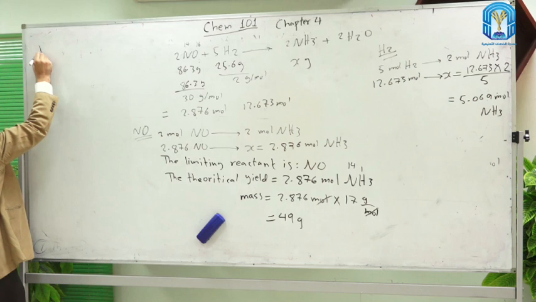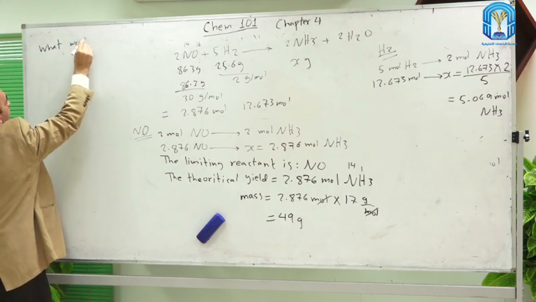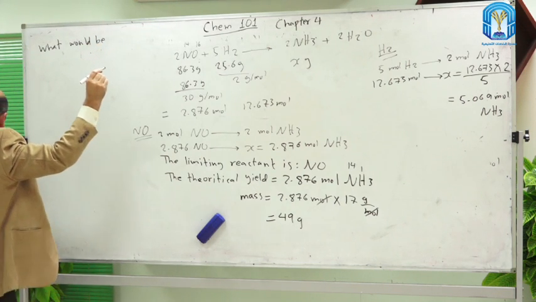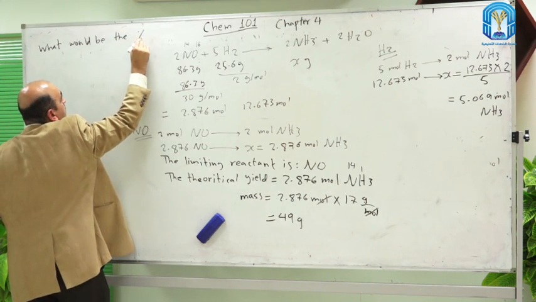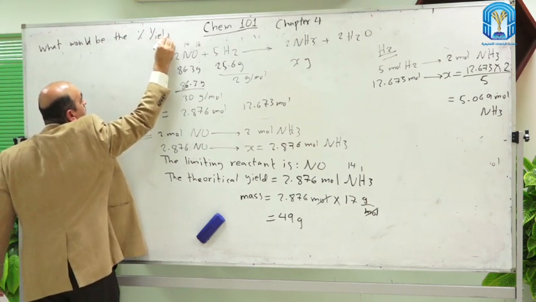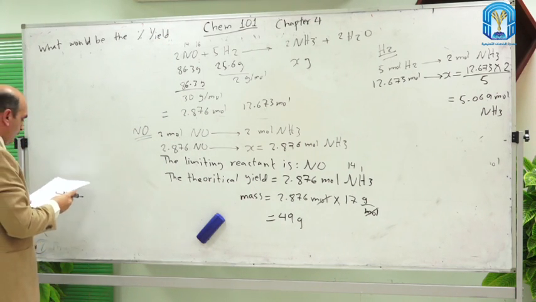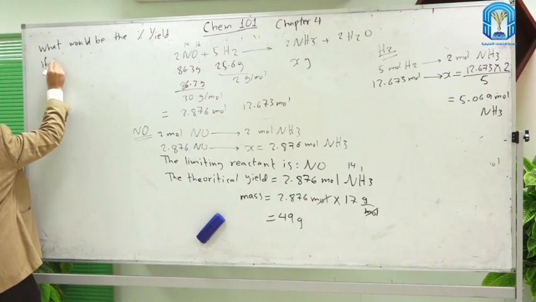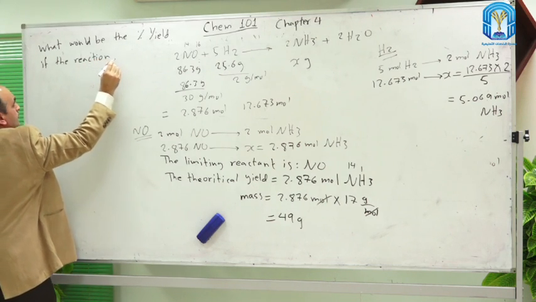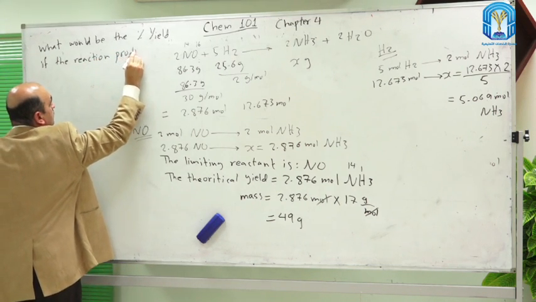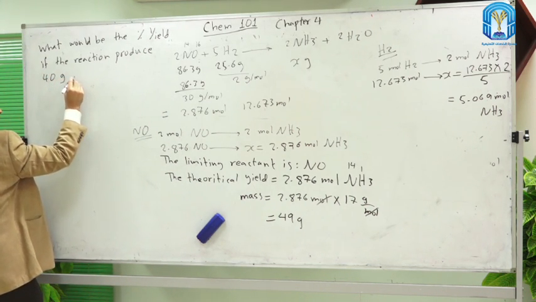The question is, what would be the percent yield if the reaction produced 40 grams of ammonia.